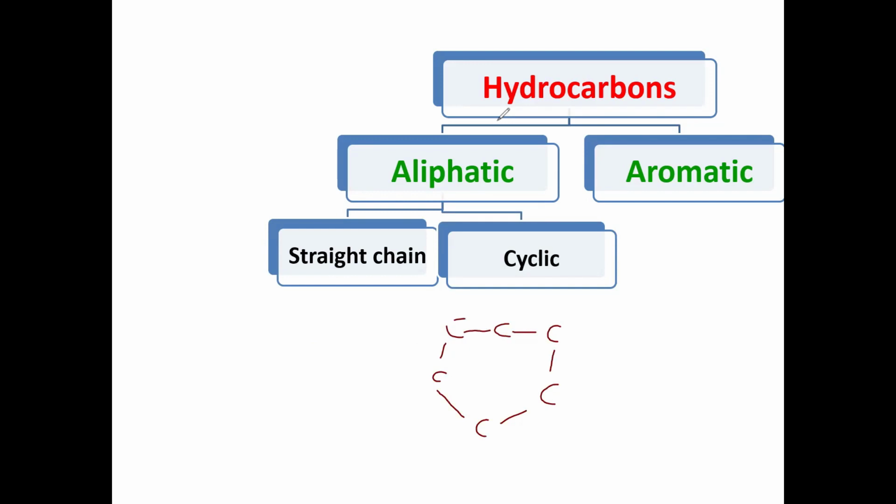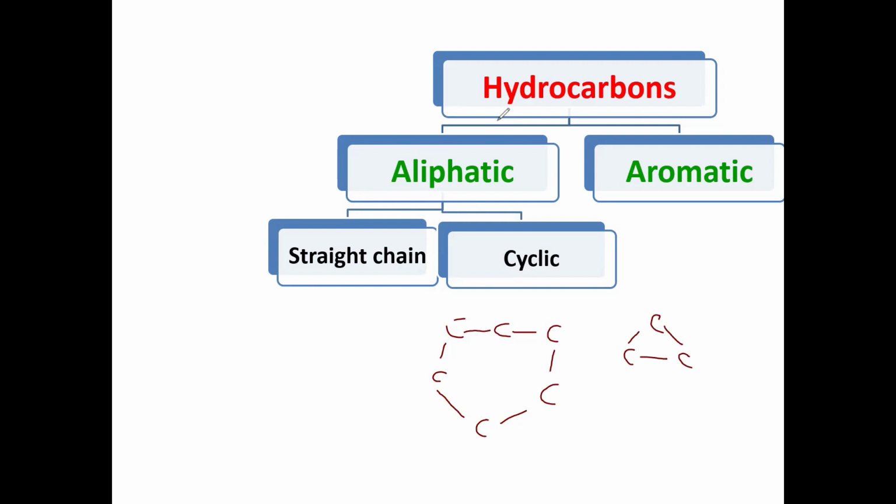Sorry, this is cyclohexane: 1, 2, 3, 4, 5, 6. So this is cyclohexane. You can have something like cyclopropane, 3 carbons. So this is cyclic. So aliphatic is divided into straight chain and cyclic.